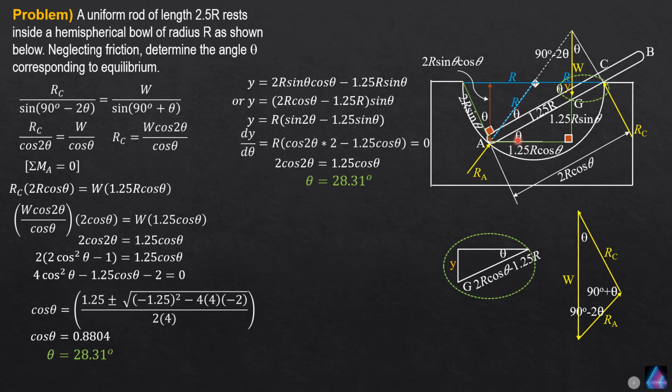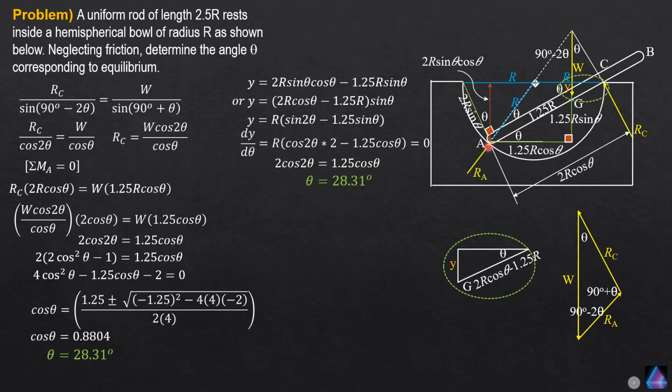So if this angle measure is theta, the angle that this inclined rod makes with horizontal is theta, this is also theta. Because this is an isosceles triangle, this is also theta.